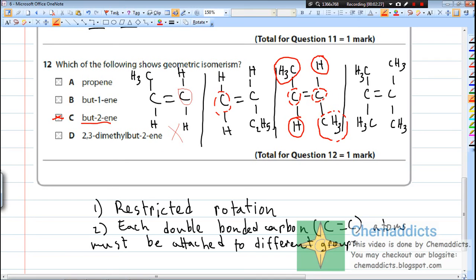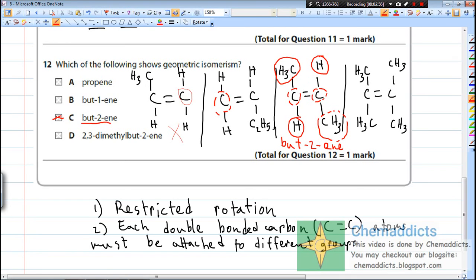This molecule, butene, possesses geometric isomerism, since each of the double bonded carbon atoms is attached to different groups.